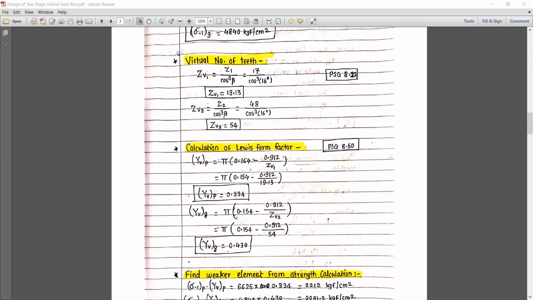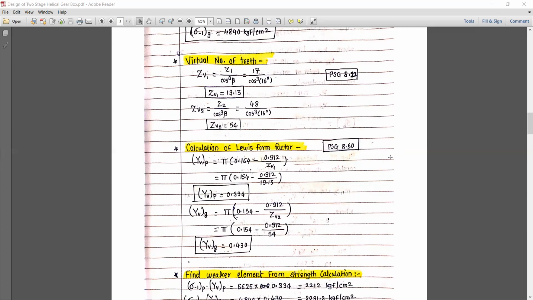Now next we need to calculate the virtual number of teeth. These virtual numbers of teeth are equivalent to those of a spur gear. If compared with the spur gear, then this virtual number of teeth is equivalent. That's why we always calculate this equivalent number of teeth, and it is very useful for calculating the Lewis form factor.